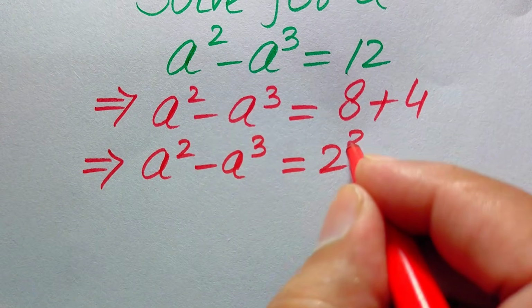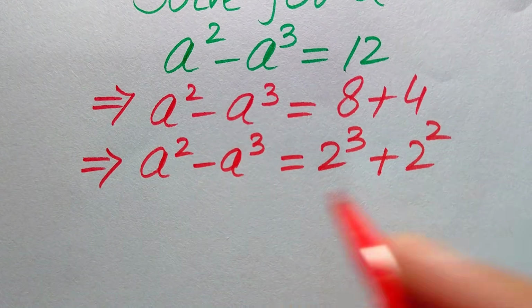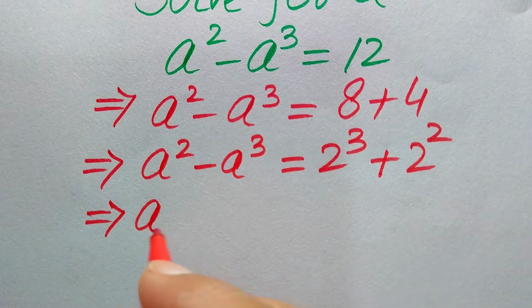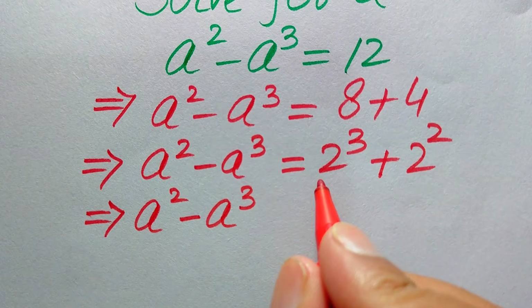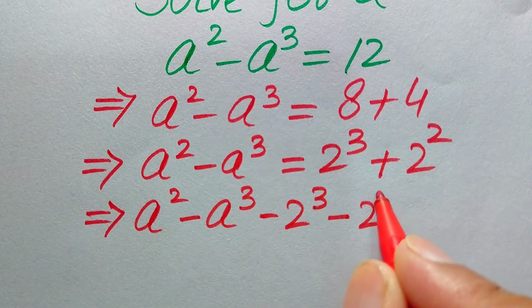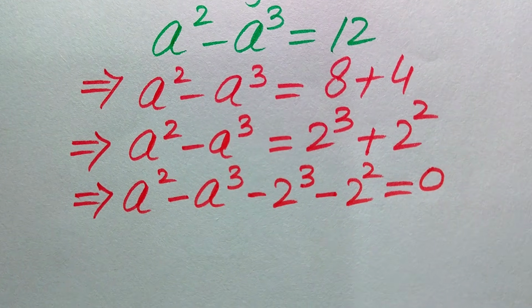We write 8 as 2 cubed, plus 4 as 2 squared. And now we move all the terms from the right hand side to the left hand side, and this becomes a squared minus a cubed, negative 2 cubed, negative 2 squared, and this whole equation equals 0.